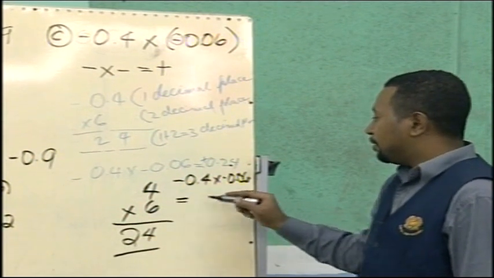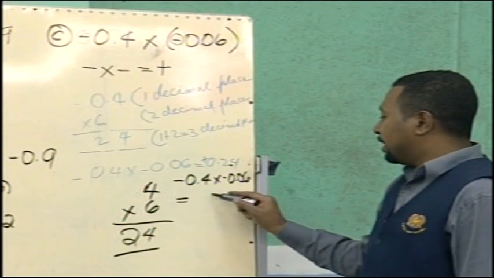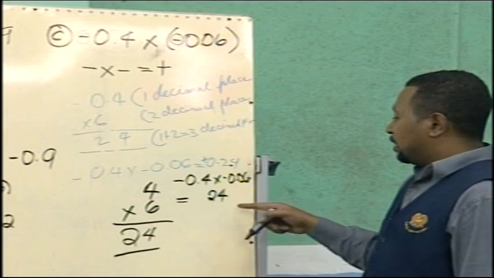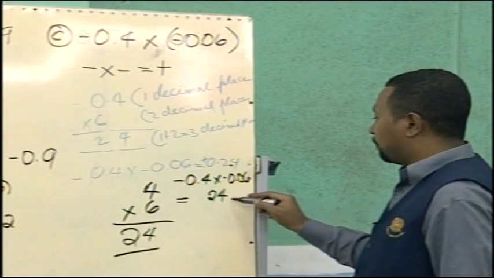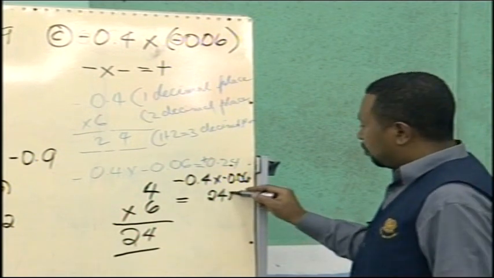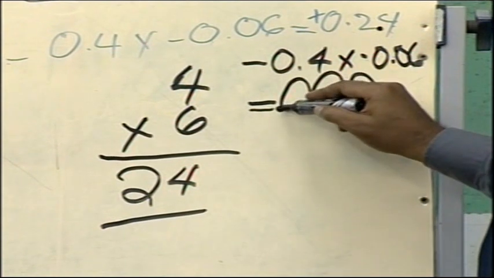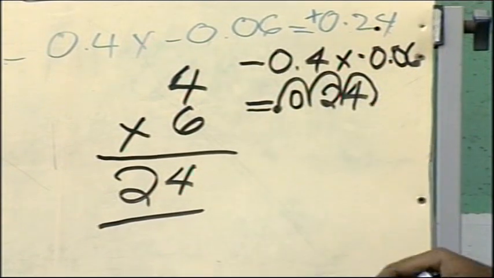Okay. So this 24 here will be written here. Now let's move the decimal place after 4. We're going to move it to the left. So from here, we're going to count how many times to the left? 3. 1, 2, 3. That will be our decimal place. And this will be 0.